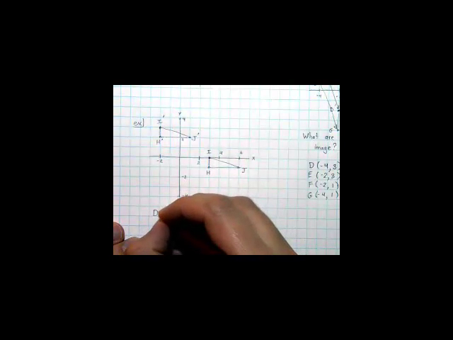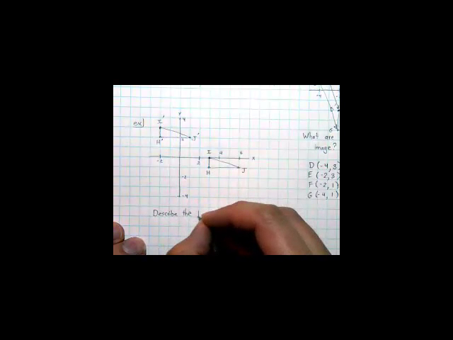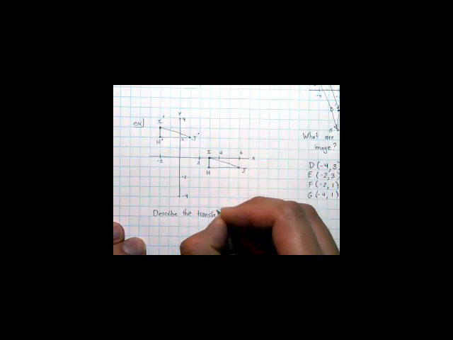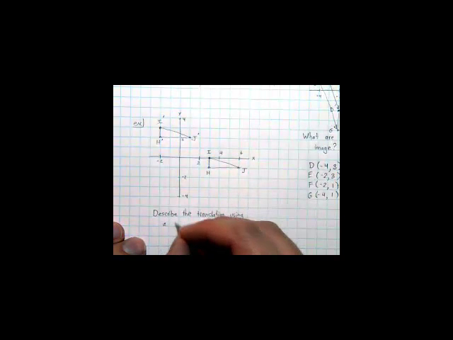Okay, so what I'd like you to do on this one is to describe the translation using a vector. So how far did it move vertically, horizontally, and make that a vector.